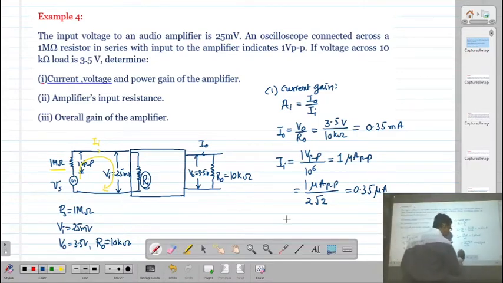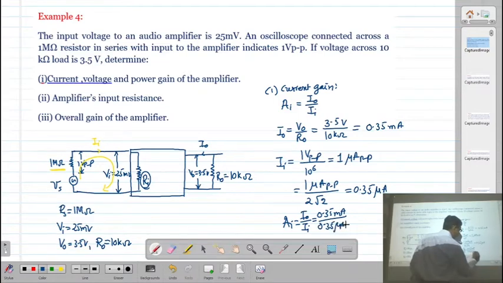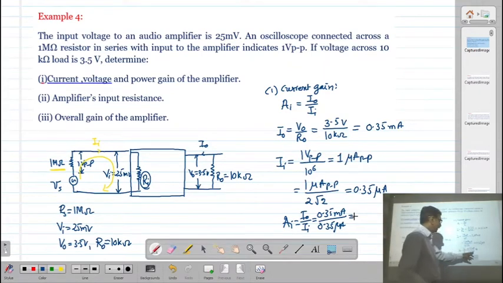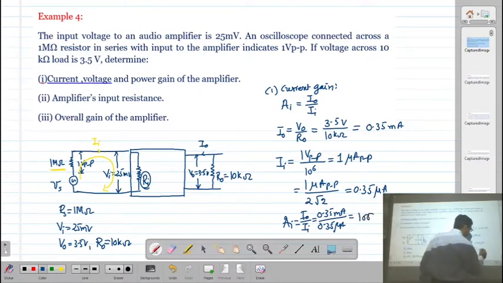Now I can calculate the current gain of the amplifier: IO by II is 0.35 milliampere divided by 0.35 microampere, and this comes out to be 1000, because milli is 10⁻³ and micro is 10⁻⁶, the 0.35 cancels, and the current gain of the amplifier is 1000.